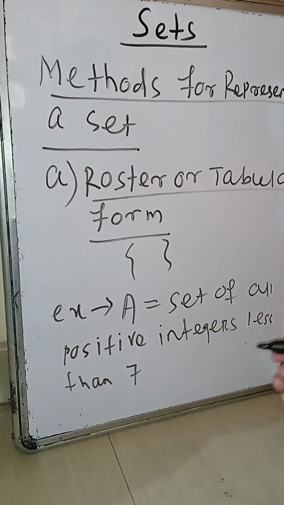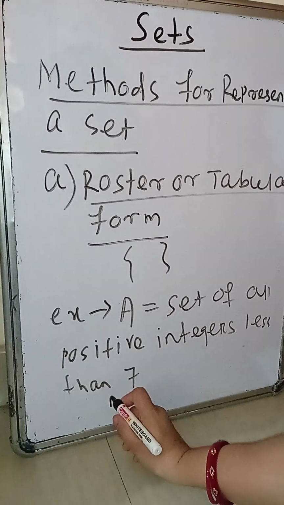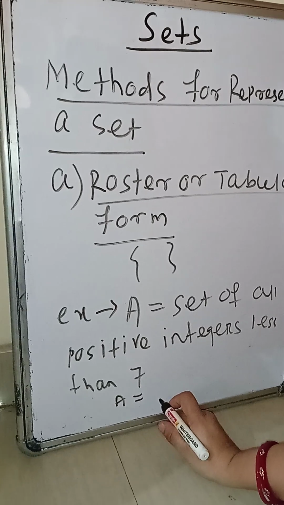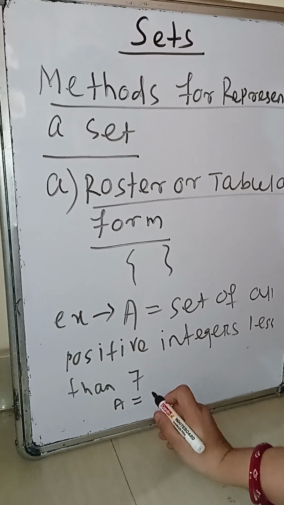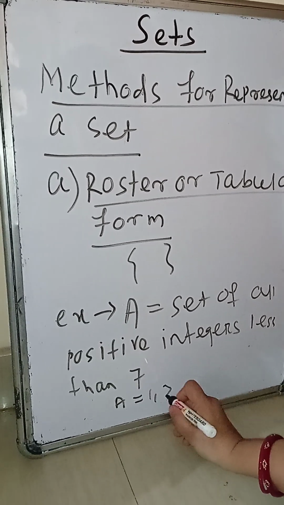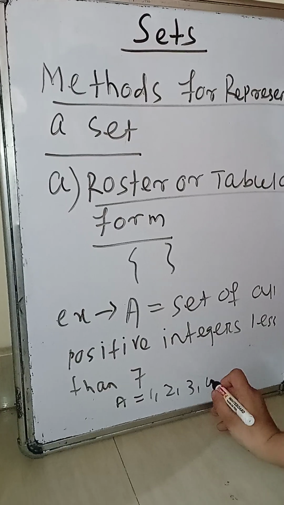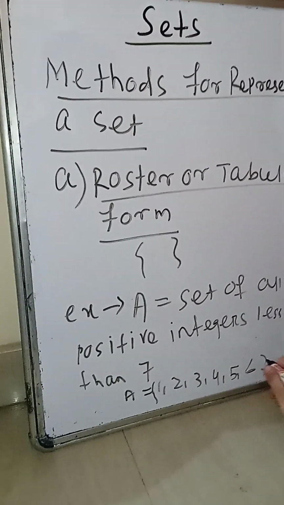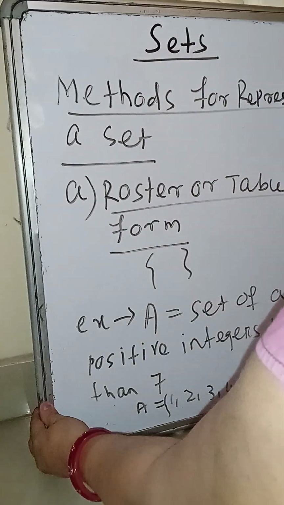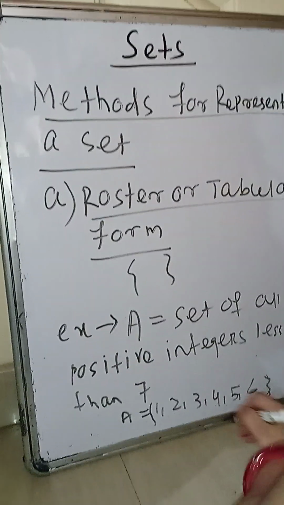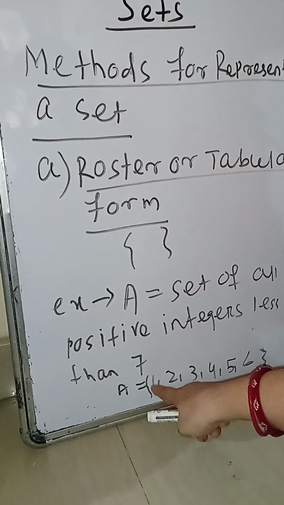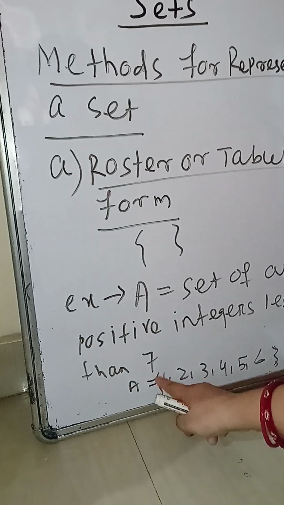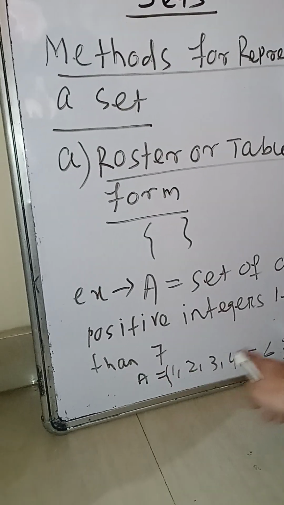So how will we represent this set? A can be represented like this. What are the positive integers less than 7? 1, 2, 3, 4, 5, 6. All these are the elements of this set A, separated by commas and enclosed with curly braces.